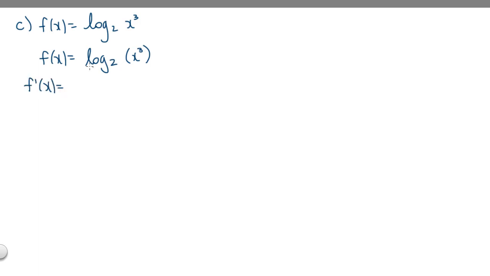Let's take the derivative of the outside function, the log base 2, and keep the inside function the same. So we would get 1 over ln of our base times 1 over our inside function, keeping that inside function the same, so that's why the x cubed is coming up in the denominator here. And then we need to multiply by the derivative of the inside function.